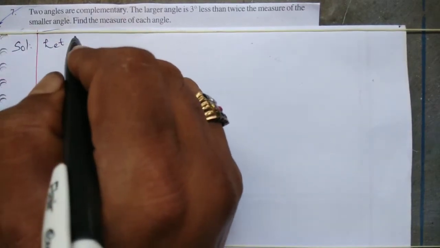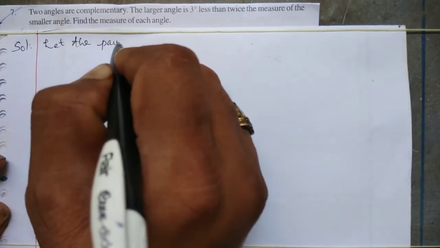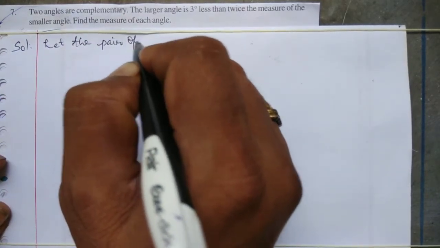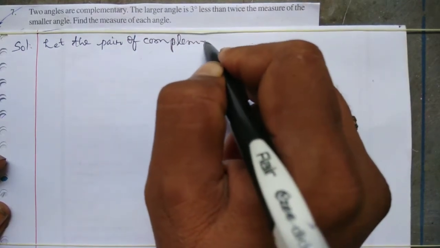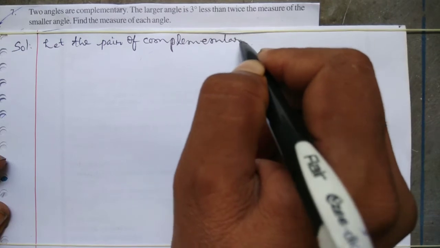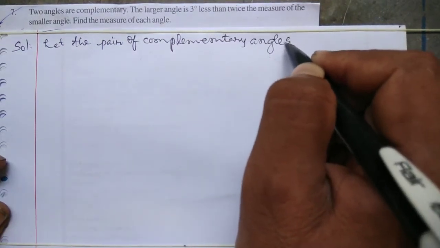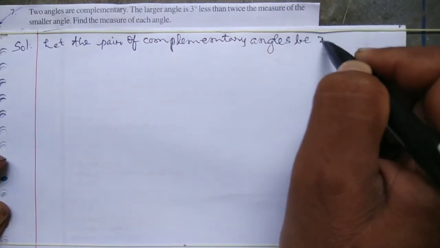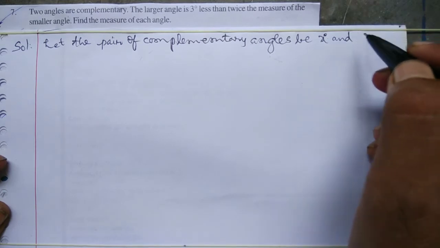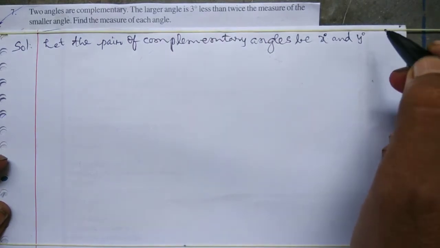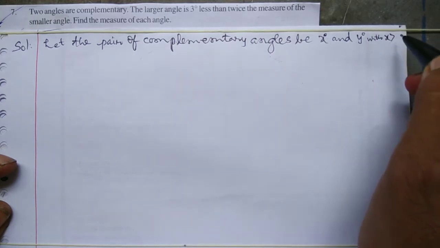Let the pair of complementary angles be x degrees and y degrees, with x greater than y.